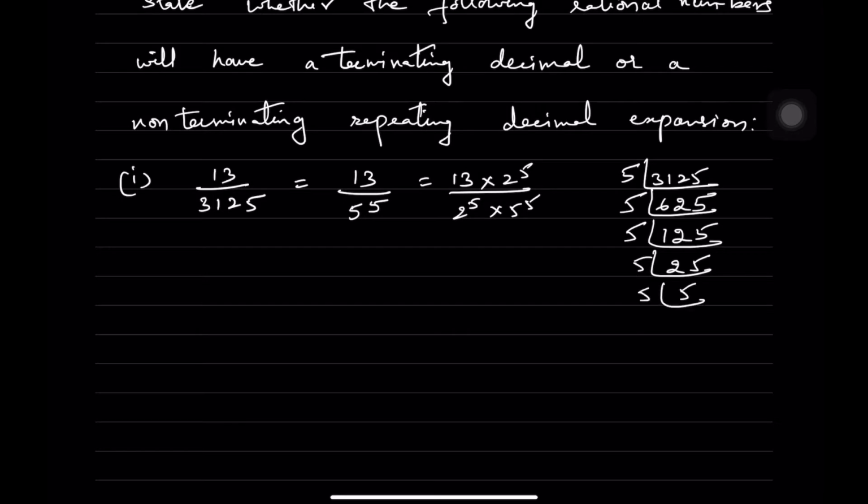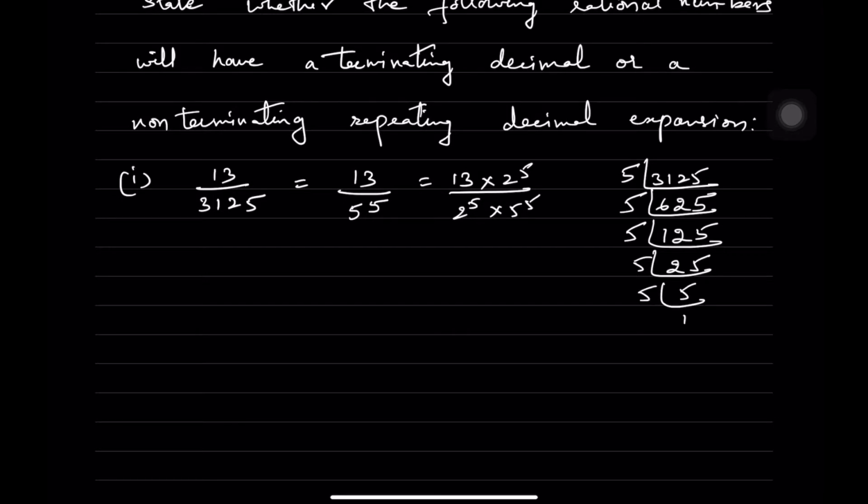If you want, I'll show you in this one. 3125, you can see here 3125. If you take the LCM, 5 sixes are 30, 5 twos are 10, 5 fives are... So you are getting it as equal to 5 to the power of 5.